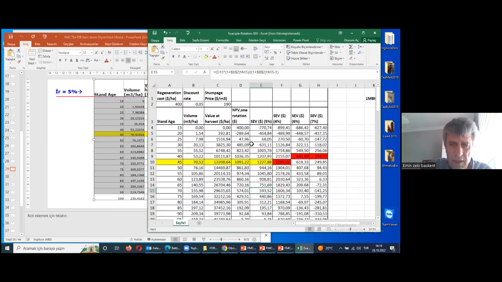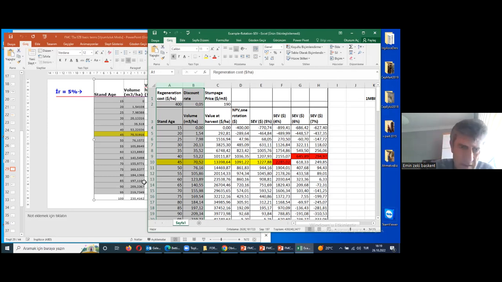So we know that the stumpage price is $190, as you can see in cell C2, and discount rate is 5%. Regeneration cost is 400. These are the given values, and these two columns are also given. That means the yield curve is given for this stand. Assume that there is a stand, whatever the stand is, the pine stand or spruce stand or fir stand.